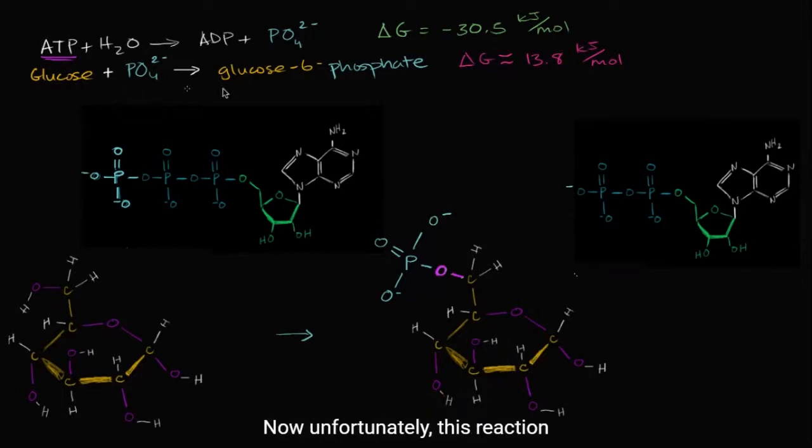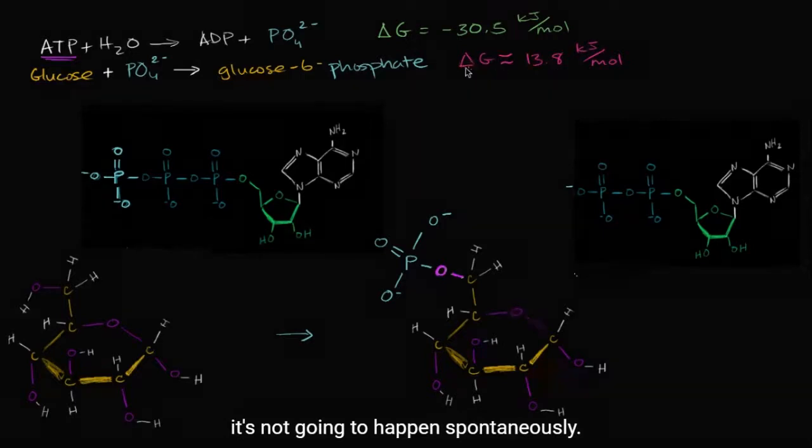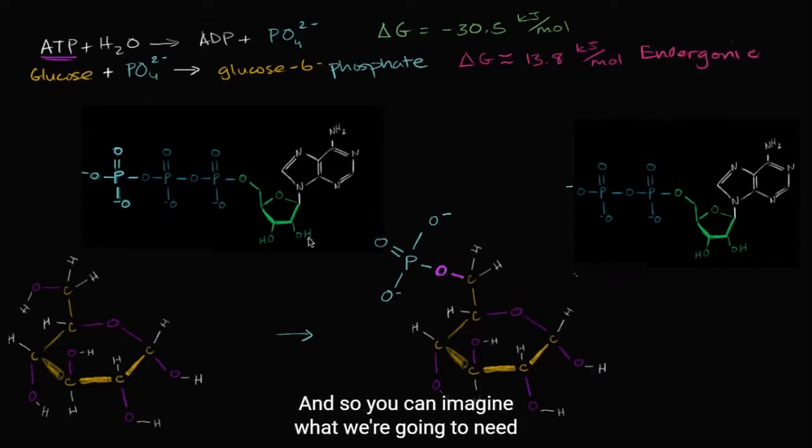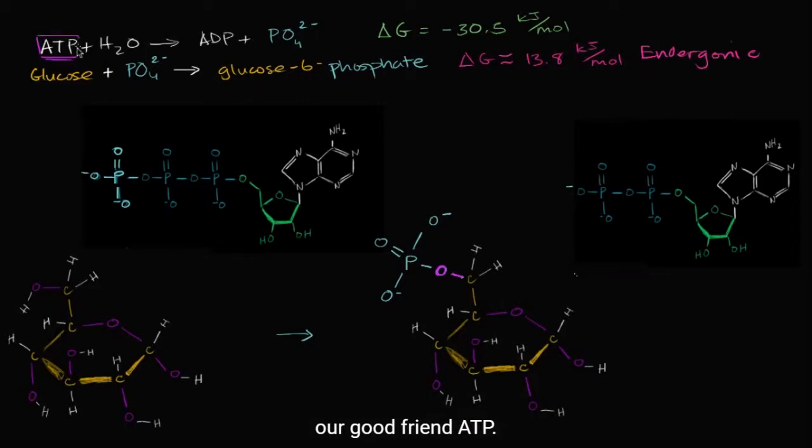Now, unfortunately, this reaction of taking glucose and phosphorylating it, it requires energy. It's enzymatic. It's not going to happen spontaneously. It has a positive delta G. It is endergonic. And so you can imagine what we're going to need to make it happen. We're going to have to use the energy currency of the cell, our good friend ATP.